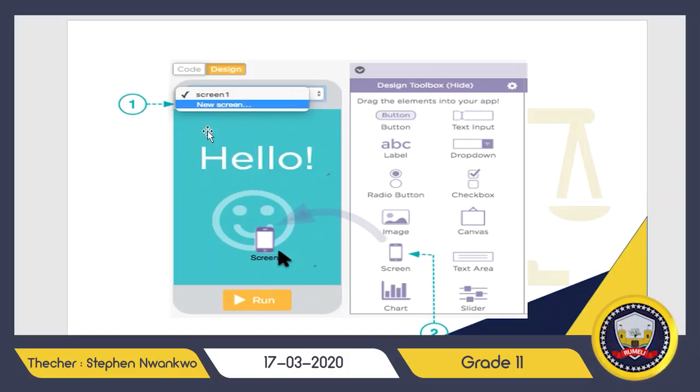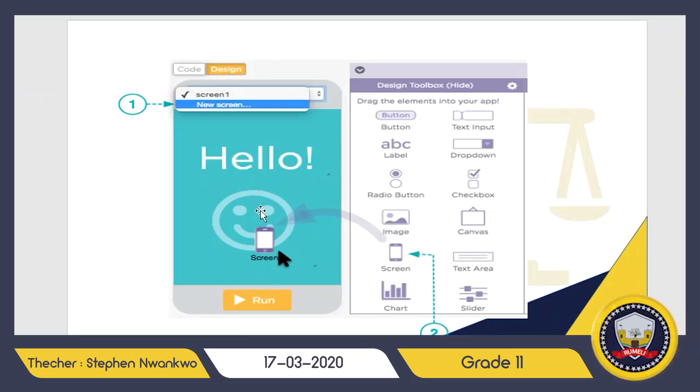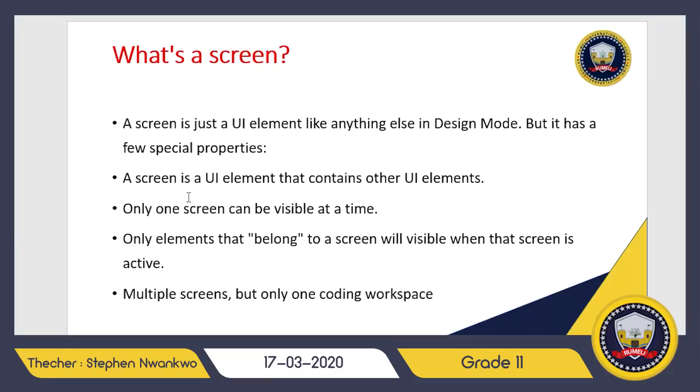You cannot view other elements that are on other screens. You can only view the elements that are in that particular screen at that particular point in time. The last one says multiple screens but only one coding workspace. That is, you can have multiple screens, 1, 2, 3, 4 and so on, but you can only have one coding space. So these are the four properties of a screen.